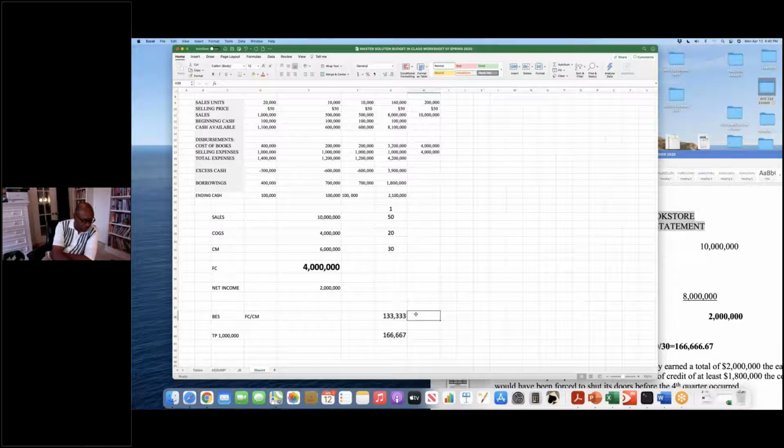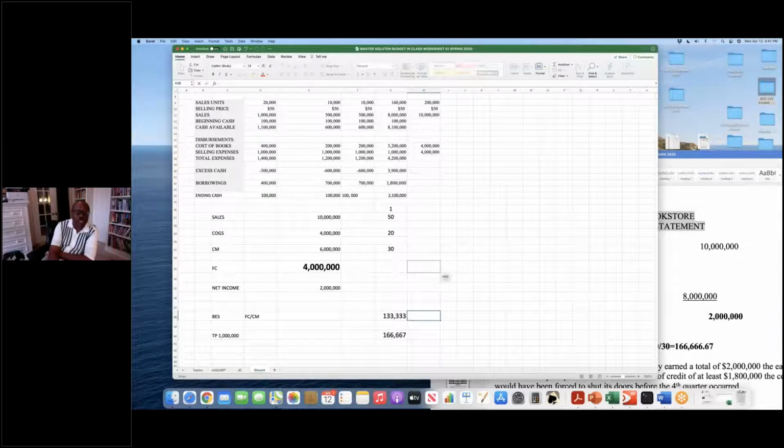The fixed cost was 4 million, and the profit was 1 million. So you add that, 5 million divided by 30, and that's how we got 166,666.67. Did you just round that at the end? Okay, never mind.